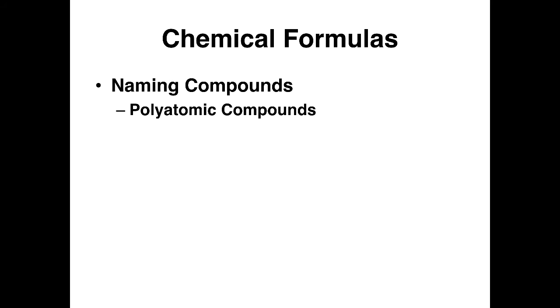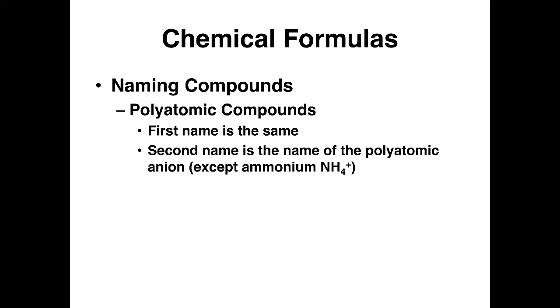The naming of polyatomic compounds depends. Remember, you had to learn the name of those polyatomic ions. The first name is the way you've done it all along, and the second name is the name of the polyatomic ion. The only difference is when you use ammonium, in which case the cation has the polyatomic name.